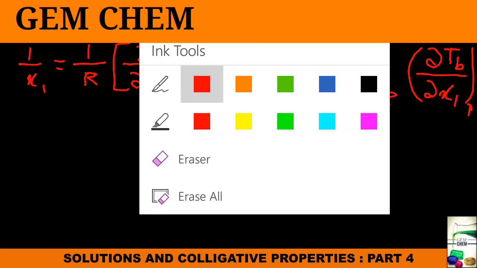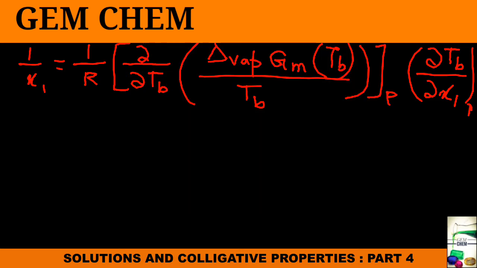Okay. Now, if you have seen the Gibbs-Helmholtz equation in the thermodynamics chapter, that will be used here.